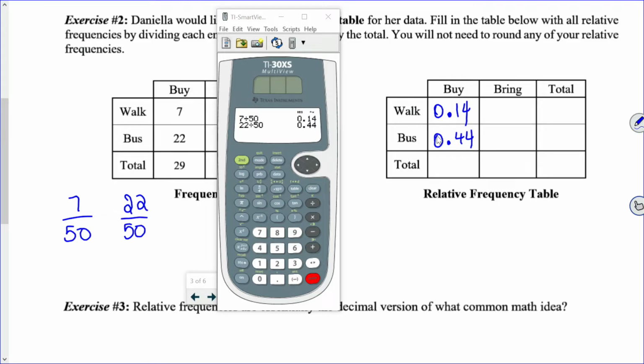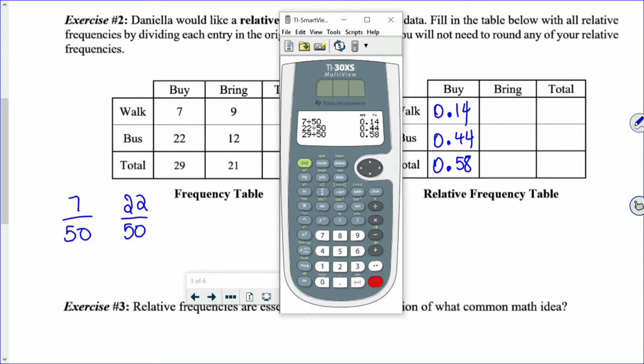I'm going to do 29 divided by 50, and that's going to give me 0.58. And then I'm going to do 9 divided by 50. Whoops, that's not what I want.